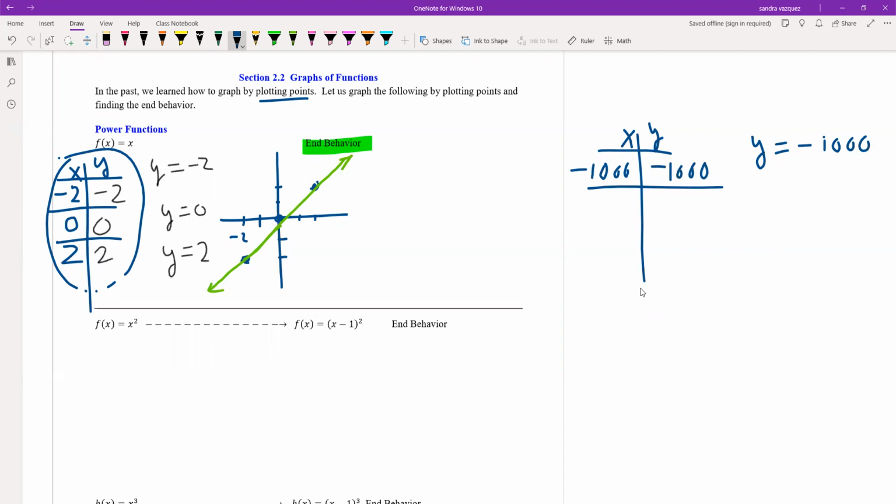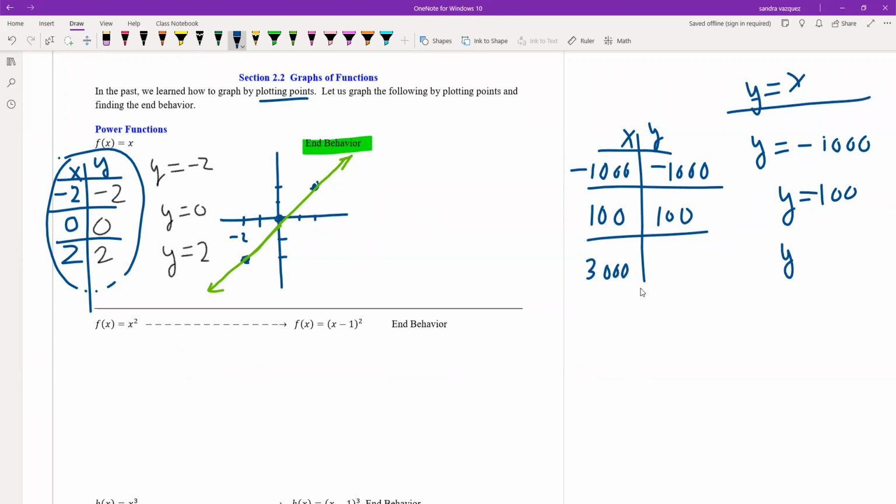Or if I select 100, when I input it, this will be equal to 100. Or if I give an input of positive 3,000 and I plug it into the function, you're replacing the variable x with each value that you're giving it. In this particular case, I'm going to get 3,000.